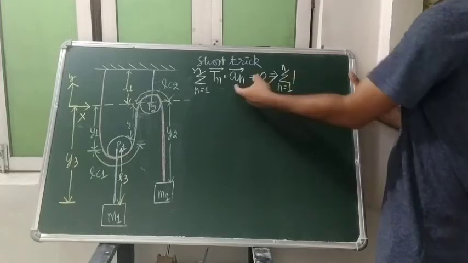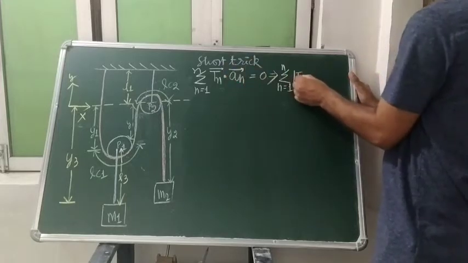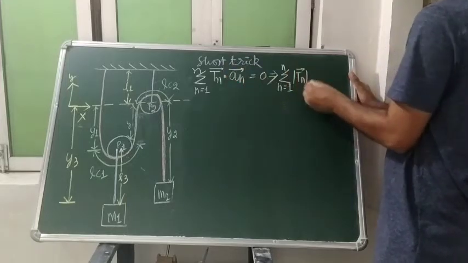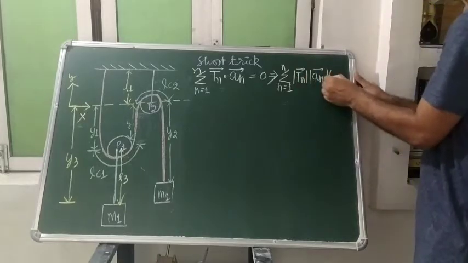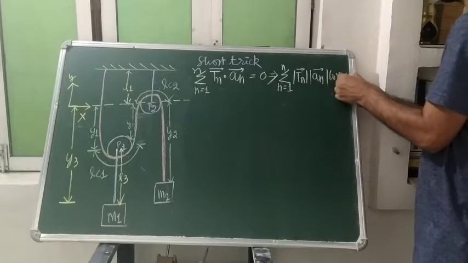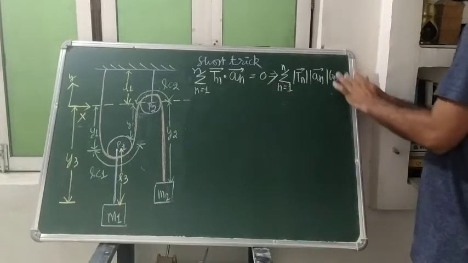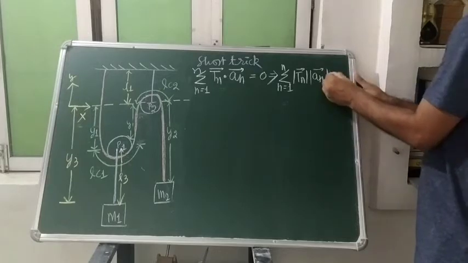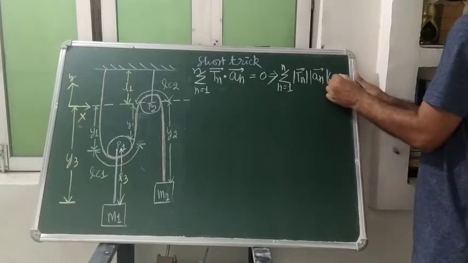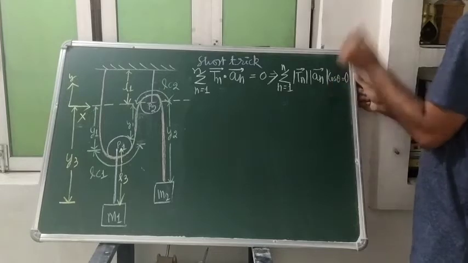When we remove the dot, we get the magnitude of the tension vector and the magnitude of the acceleration vector times cos theta, that should be equal to 0.